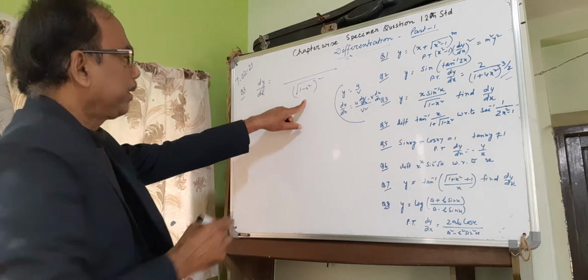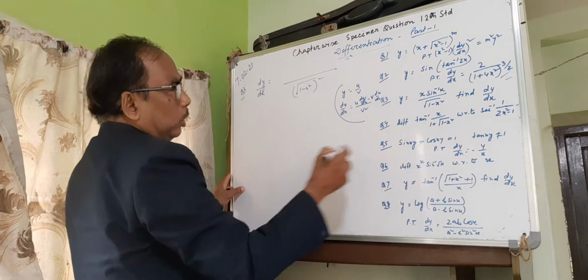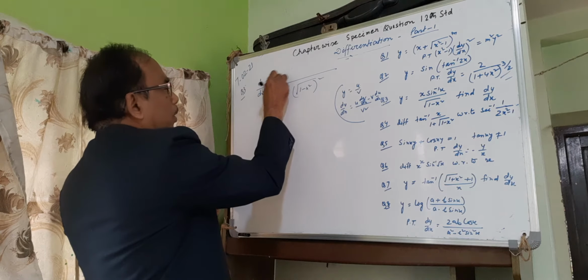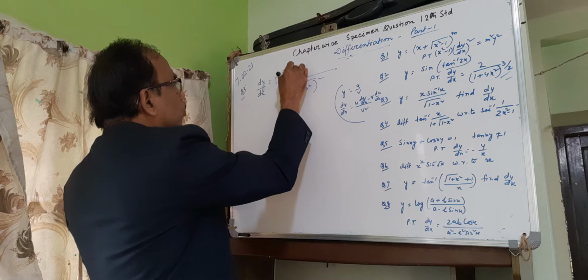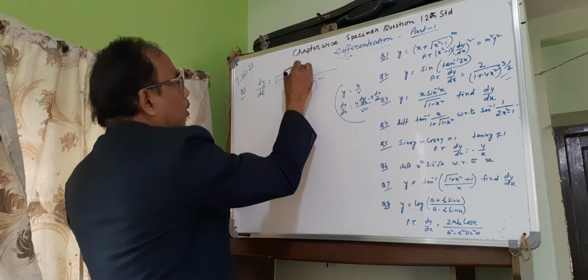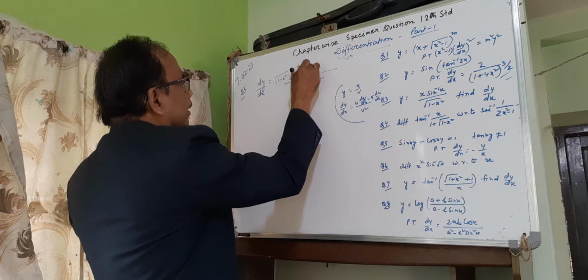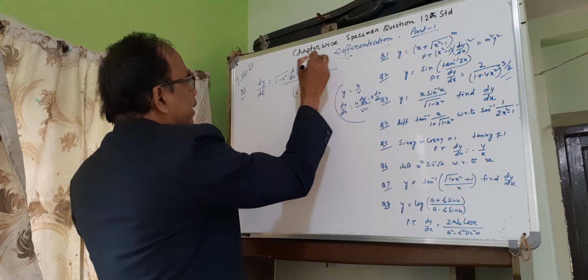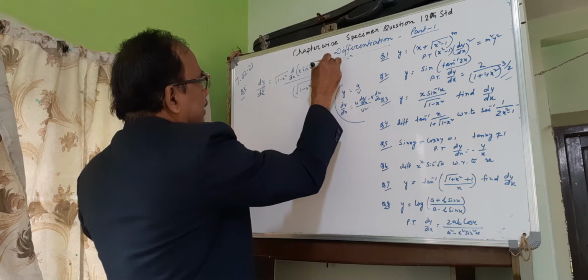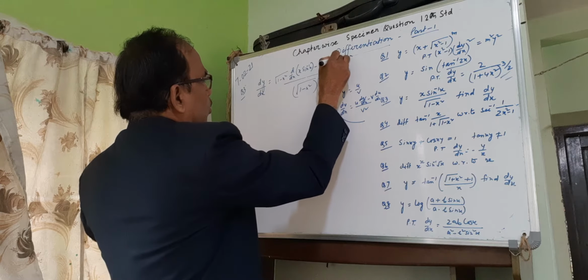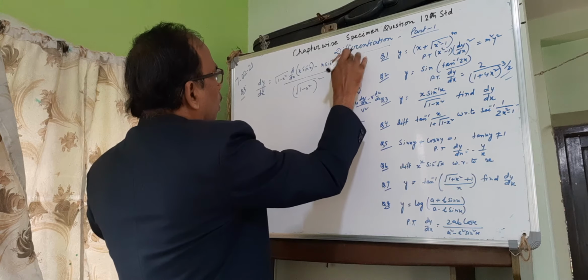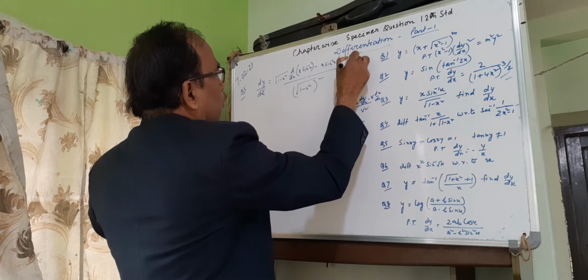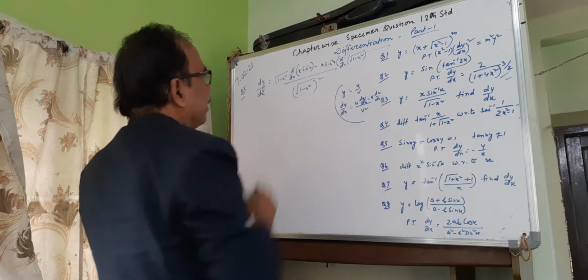Here the denominator is whole squared, and the numerator has root over of 1 minus x square into d dx of x sine inverse x, minus x sine inverse x, a constant, into d dx of square root of 1 minus x square.